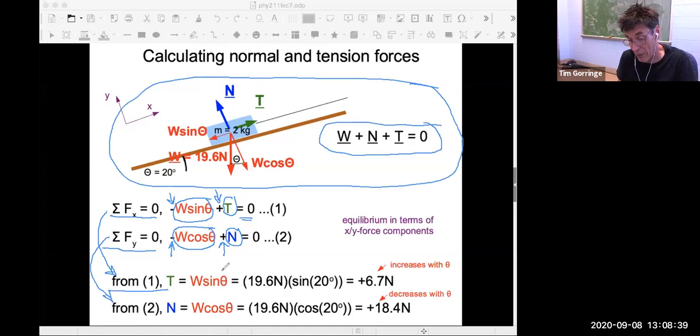And so then at that point, over here on the right-hand side, I know the weight and I know the angle of the incline. So I can fill in the weight of a little under 20 newtons, the sine or the cosine of the angle of incline, and I get these solutions for the normal force and for the tension force. And we see indeed, the tension force is about 7 newtons, the normal force is about 18 newtons. The normal force is indeed bigger because the incline angle was small.